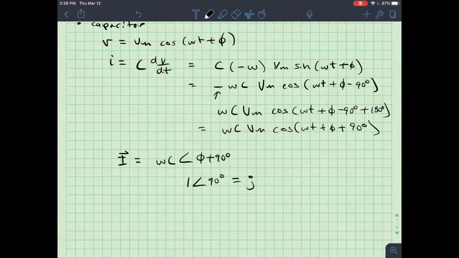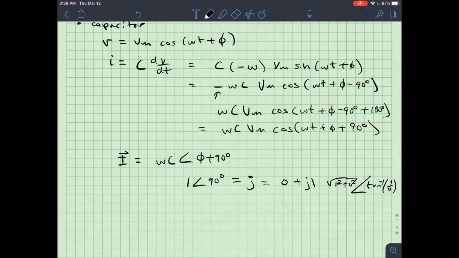To demonstrate that, I know that j is equal to 0 plus j times 1, which has magnitude square root of 1 squared plus 0 squared, and an angle inverse tangent of 1 over 0, which is equal to 90 degrees.